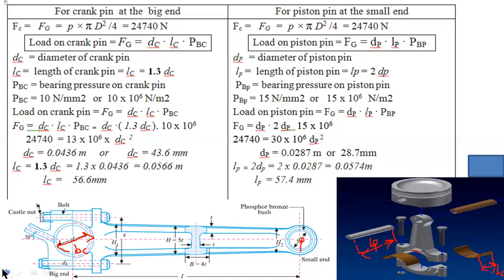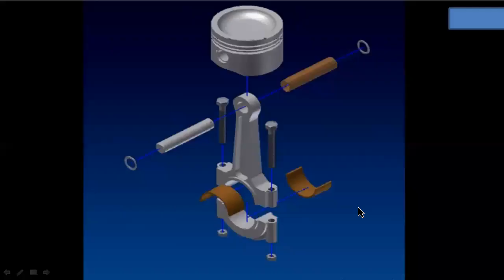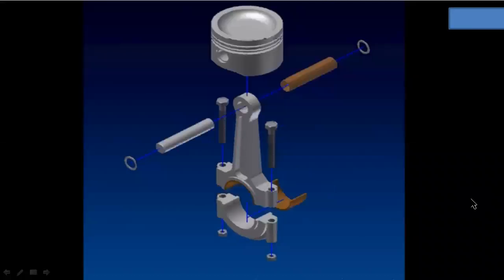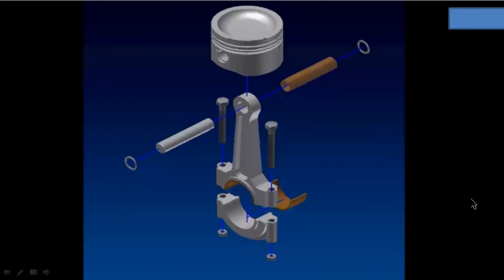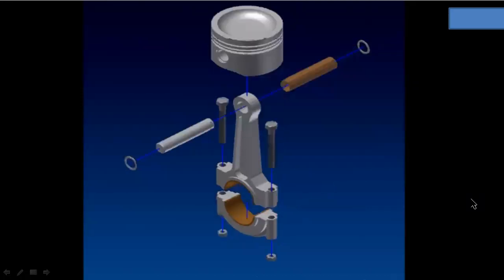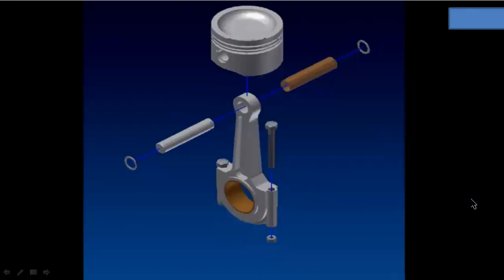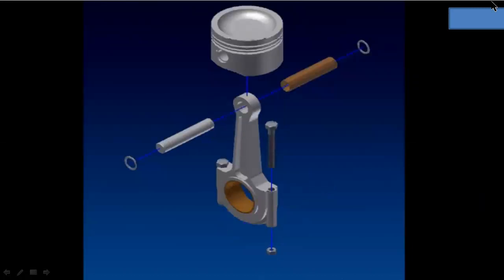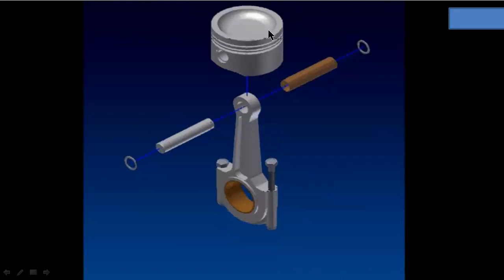Now I will show the video. Here you can observe the assembly of the piston parts, connecting rod and bushes. Observe carefully. Here you can observe this is a piston.